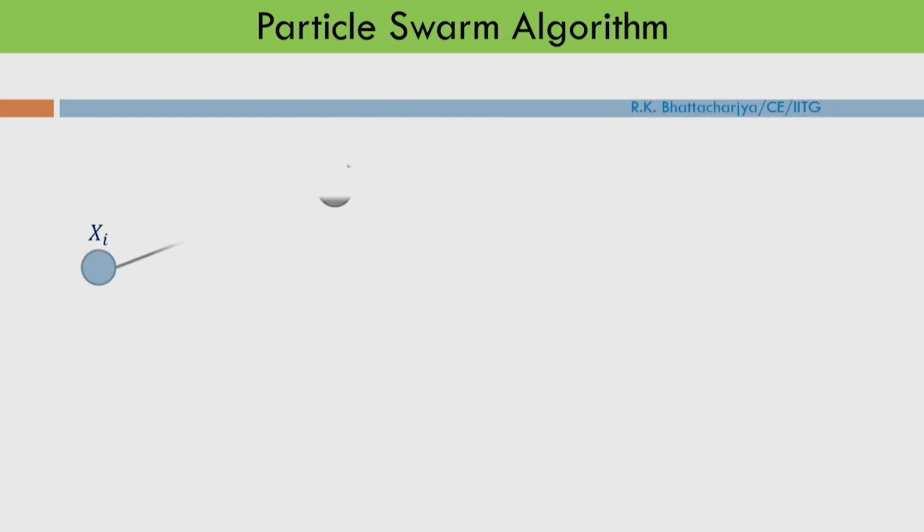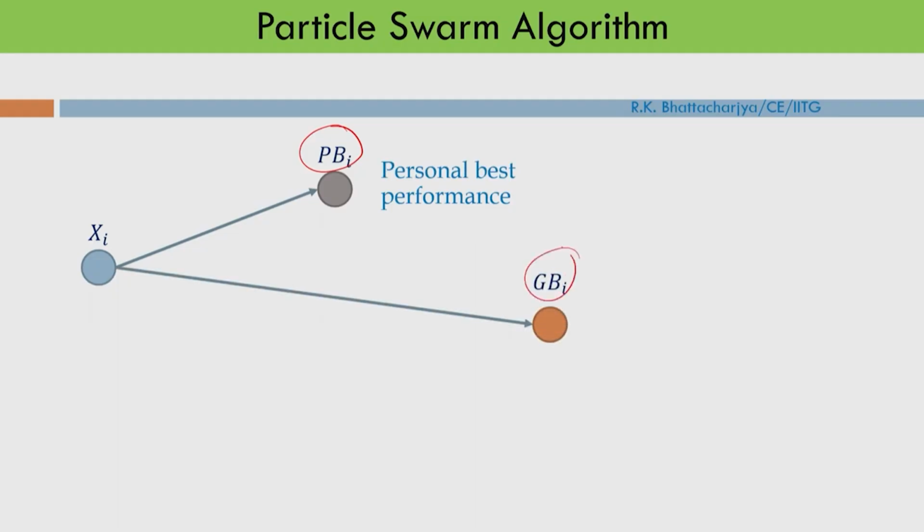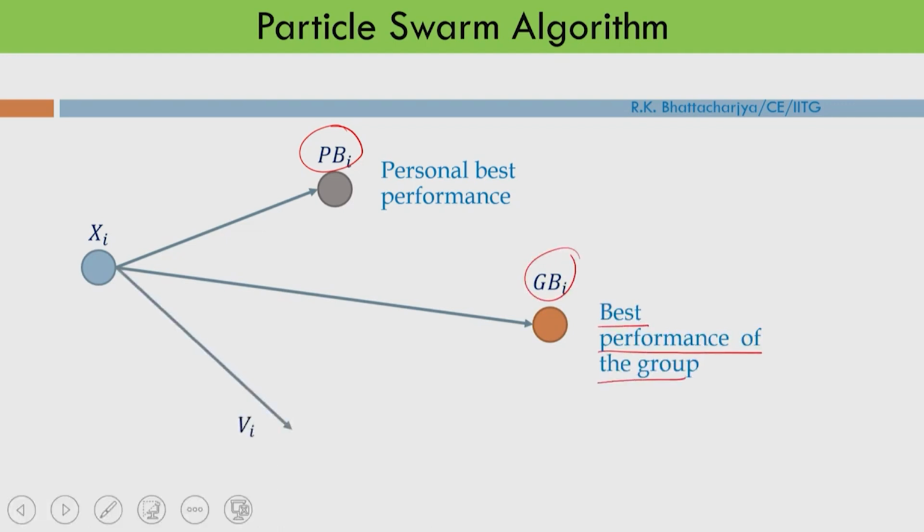Suppose this is the current location of a particle and this is its personal best. It has preserved this location as its personal best performance, and this is the global best performance, or the best performance of the group so far. Now suppose your velocity at this location is v_i. How will it adjust the velocity and go to the next location? This is the effect of inertia.